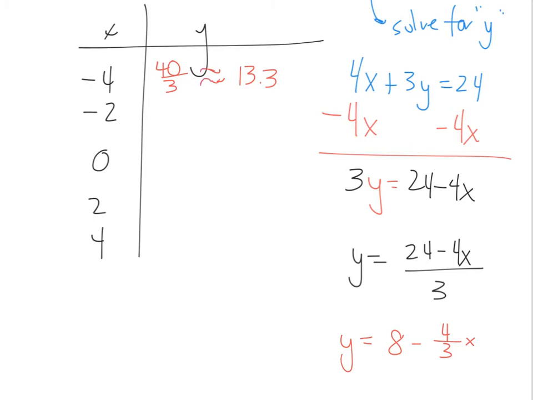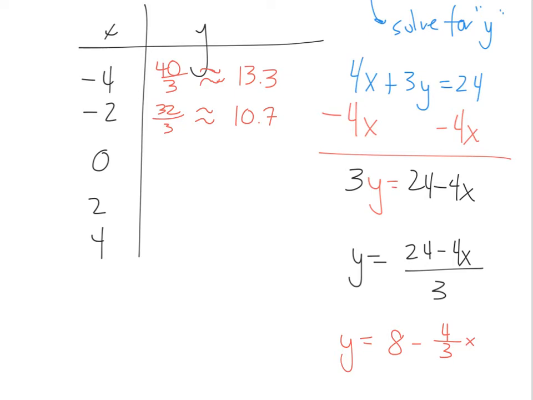How about the -2? When you plug in -2, what do you get? Say again? 32/3, which is approximately 10.7 or 10 2/3. 10 2/3 would be 10.6666 repeating.